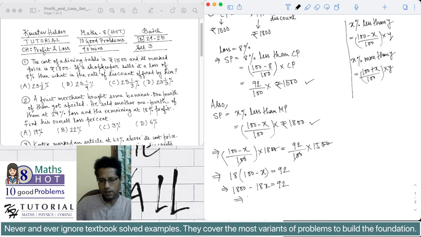This implies 18x is equal to 1800 minus 92, which is equal to 1708.